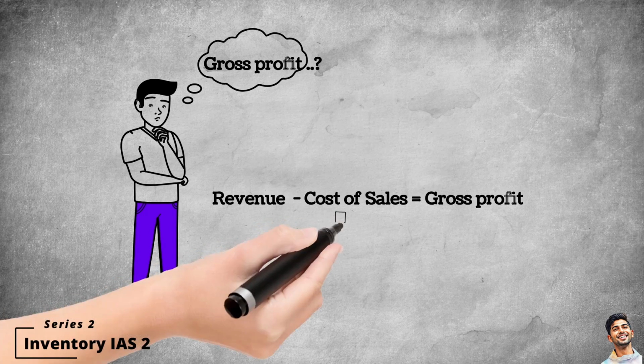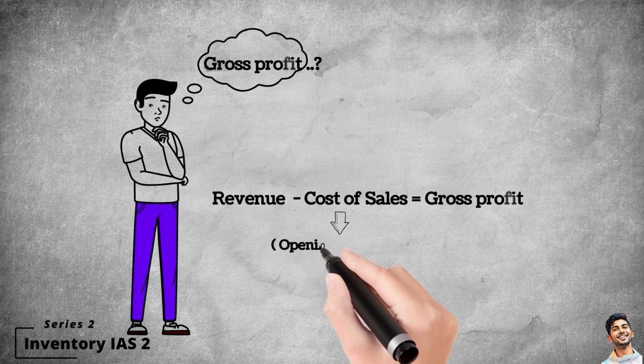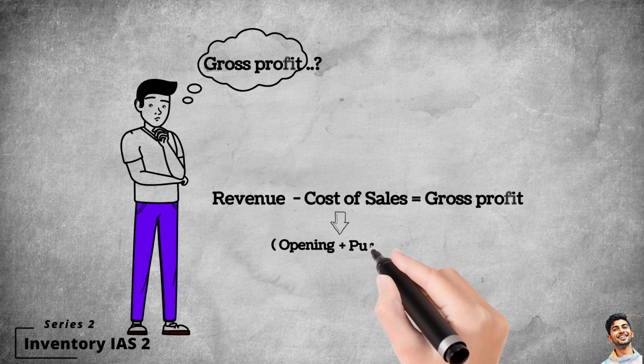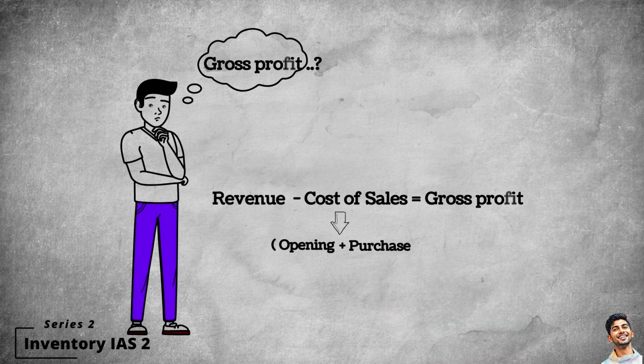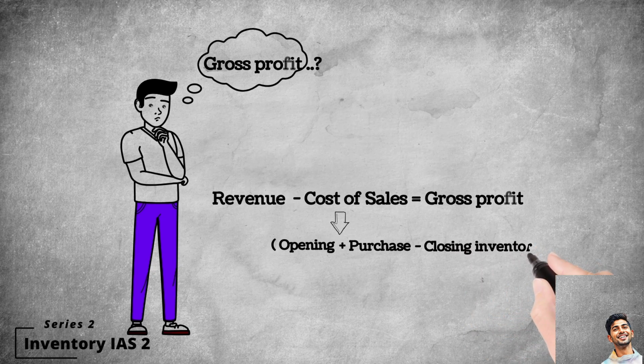Now, what makes up the cost of sales? Opening inventory plus purchases during the year minus closing inventory. Since closing inventory is no longer treated as an expense, it's carried forward as an asset instead.